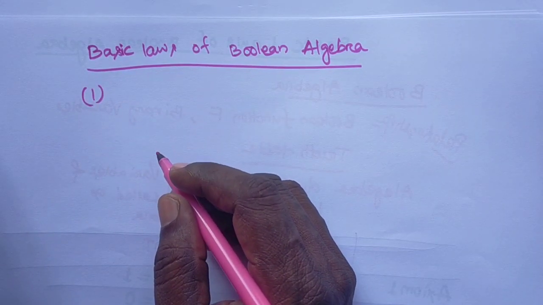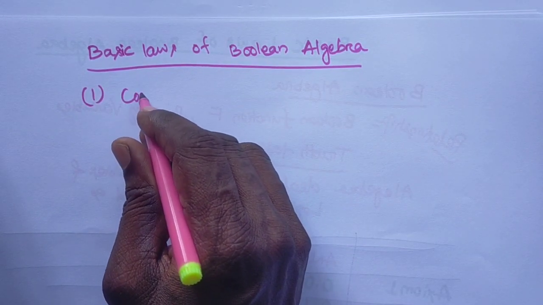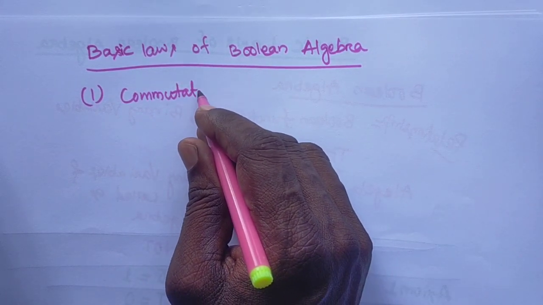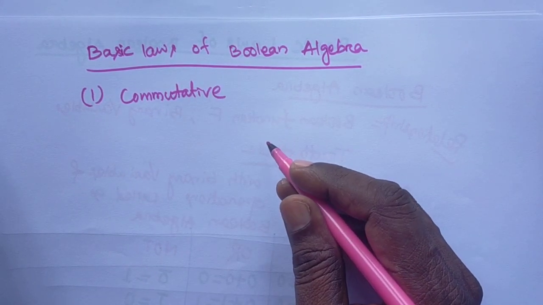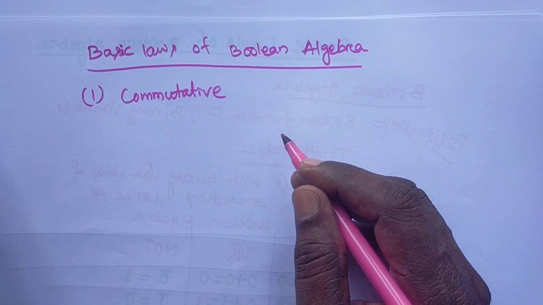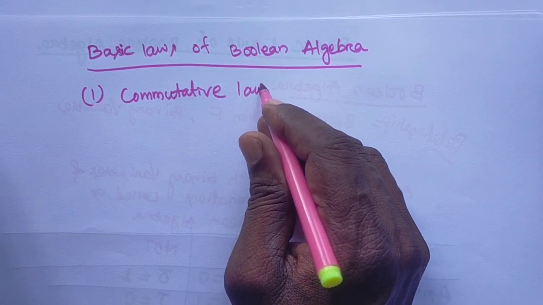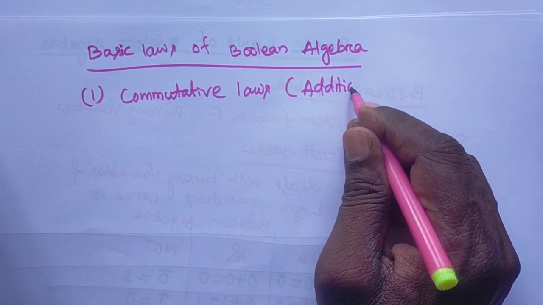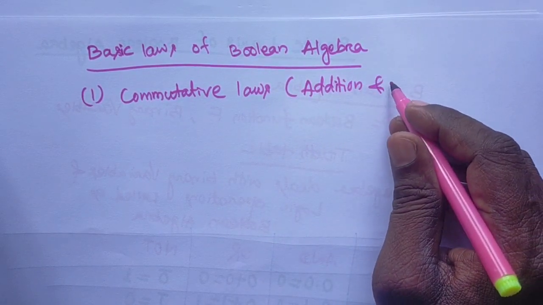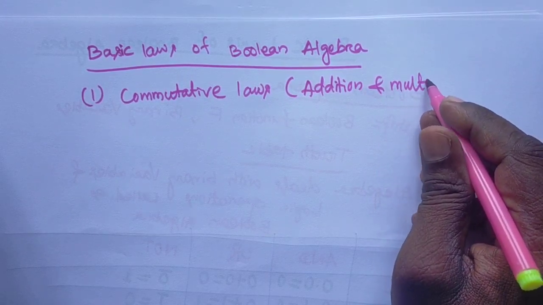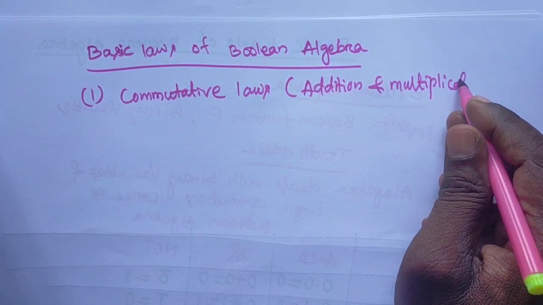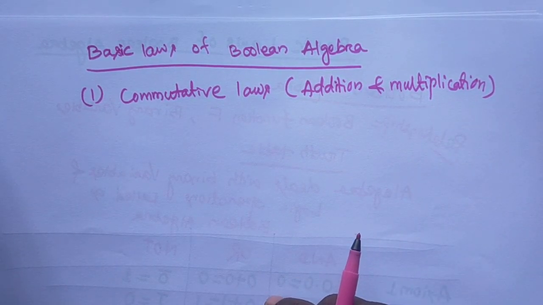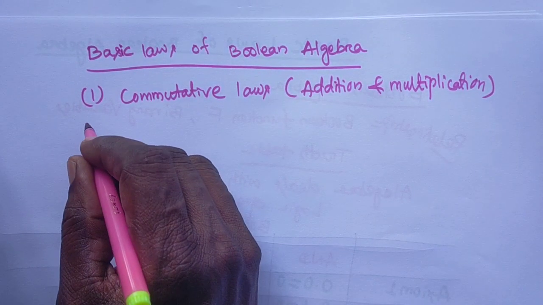One is commutative. Commutative laws, in two operations: one is addition, another is multiplication. The two ways we can define.